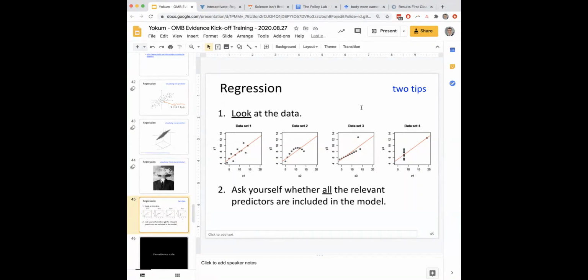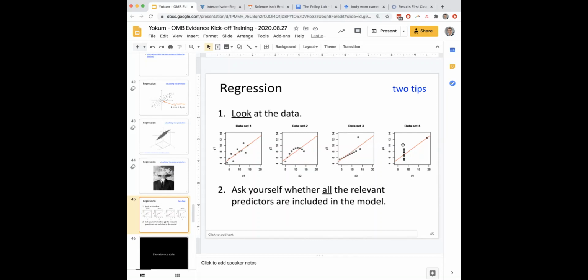One illustration of it is to look at these 4 panels I've shown here, which are regression lines that are all exactly the same, but 4 very, very different types of data patterns. That leftmost one is the kind of even spread that makes a lot of sense. But look at data set number 2, where the data kind of pops up and down. It turns out that the regression line through that is still the same.